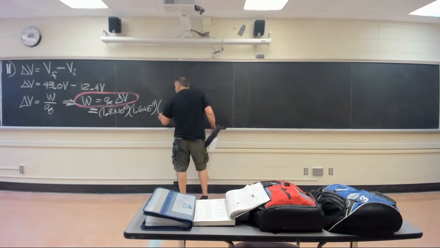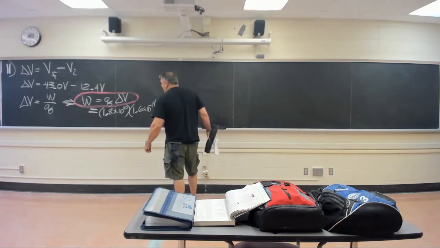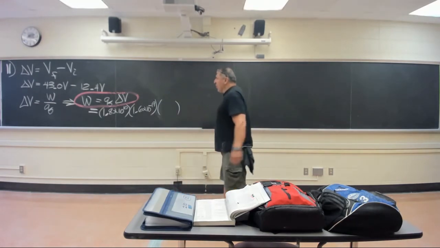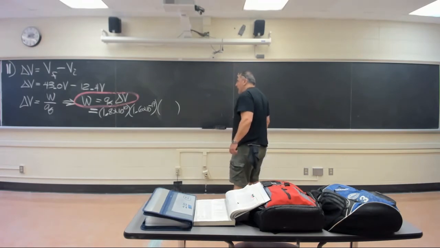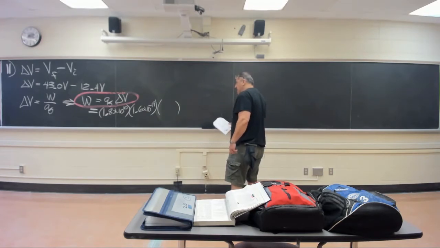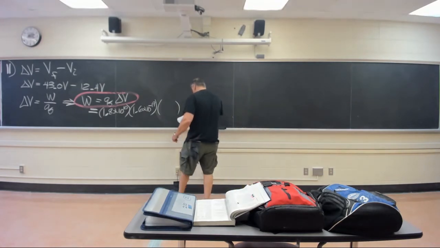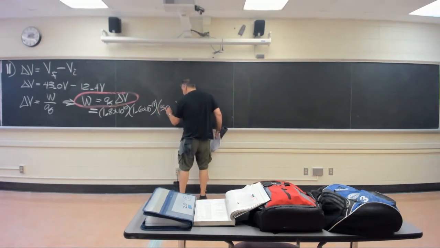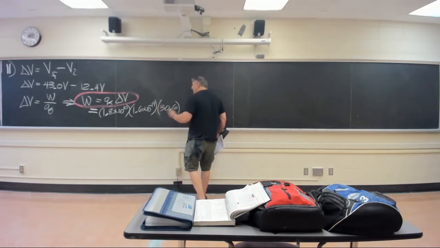Well, you did the subtraction there: 43 minus 12.4 is 30.6. All in the MKS system.